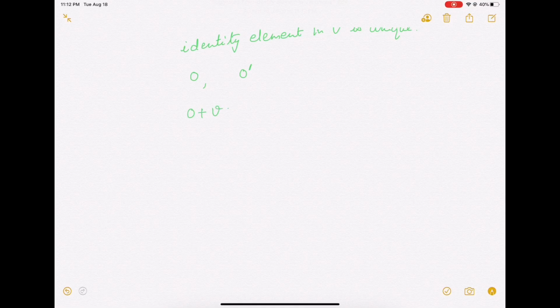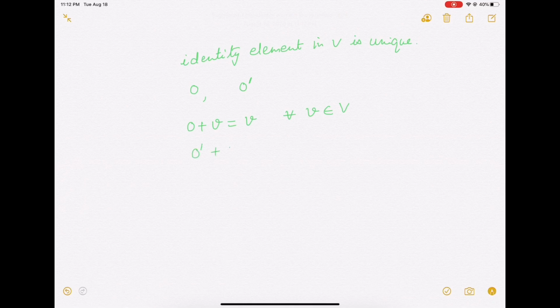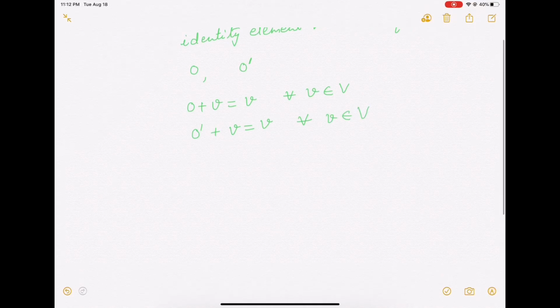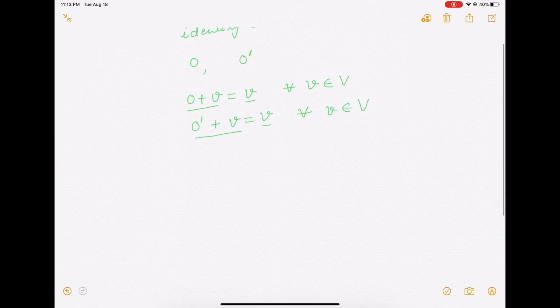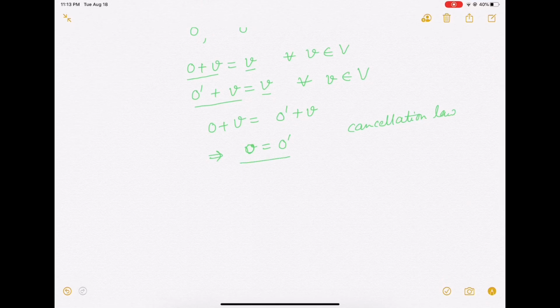Since 0 is the identity element, we get 0 plus v is equal to v for all v belonging to vector space V. Again 0 dash is the identity element, so 0 dash plus v again gives v for all v belonging to V. Since v is equal to this and again v is equal to this, equating these two, we get 0 plus v equals 0 dash plus v, and using the cancellation law, this gives us 0 equal to 0 dash. So the identity element is unique in V.